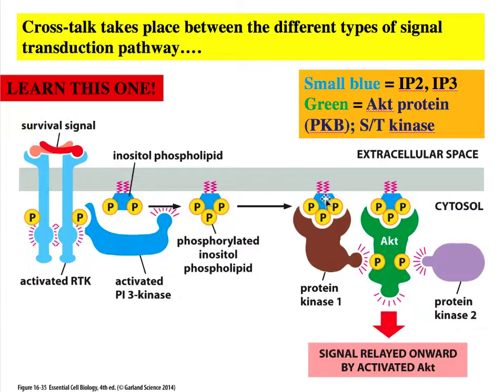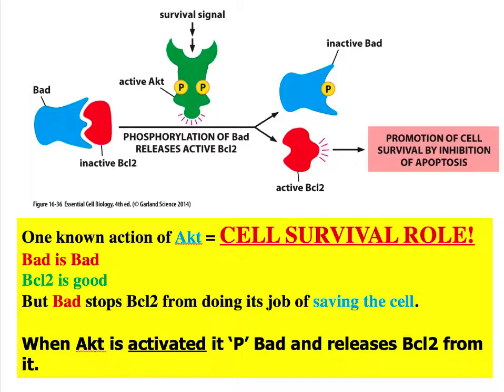So IP3 is key in bringing these two molecules together and activating protein kinase 1. Once that happens, then phosphates are added to AKT by a complicated pathway, but ultimately the activity of AKT is increased.